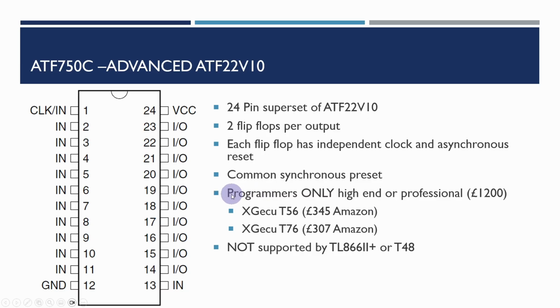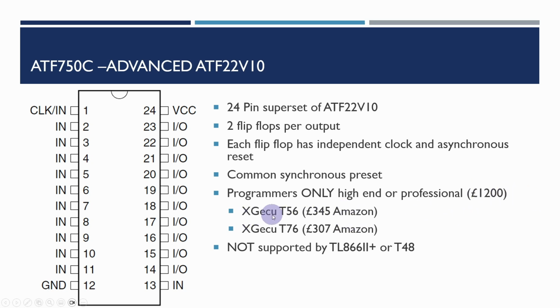But probably the biggest drawback is that the only programmers that I've found to work with this are the high-end ones or professional programmers. There is a YouTube channel from some electronics university professor talking about this, and I think he says that the professional programmers to do some of these chips and the ATF2500 are about $1,200, £1,200.